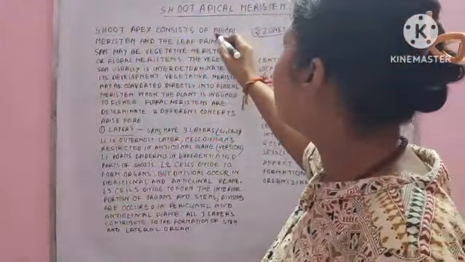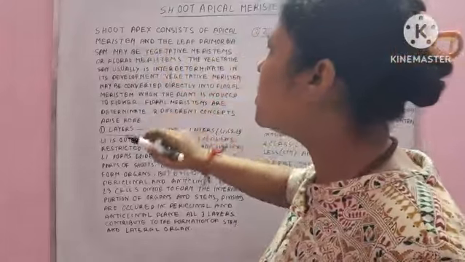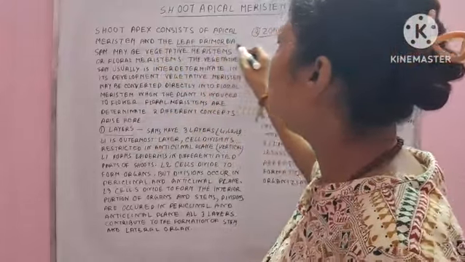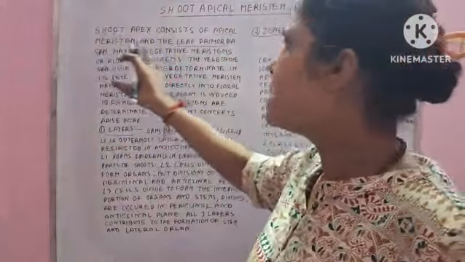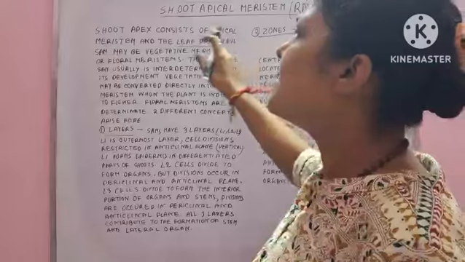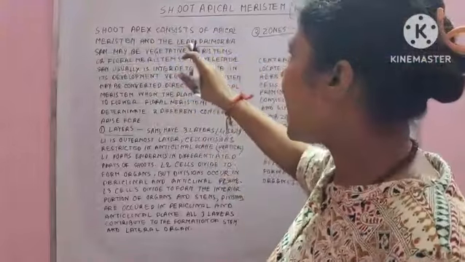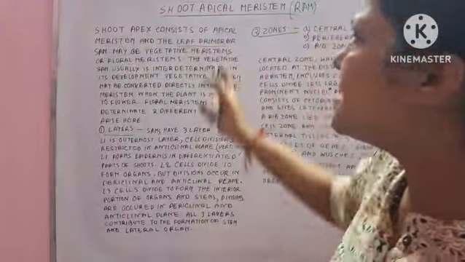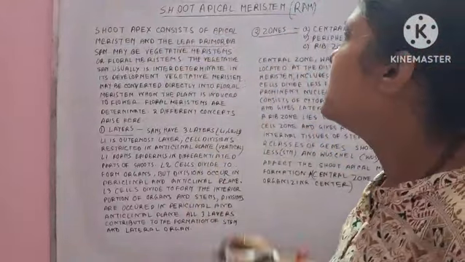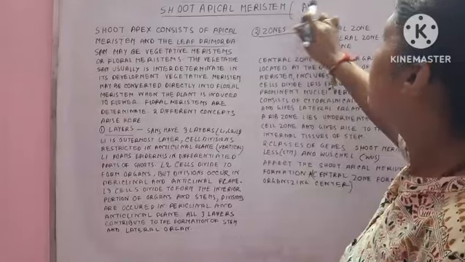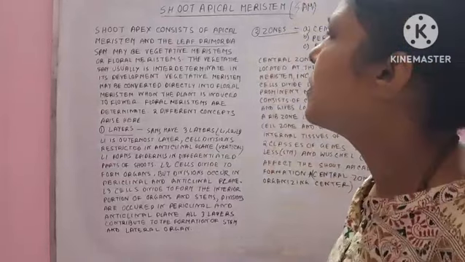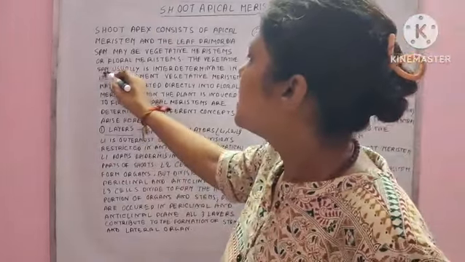One is the apical meristematic region and another is the leaf primordium. This is the lateral region, you can see. The short form of the shoot apical meristem is SAM.